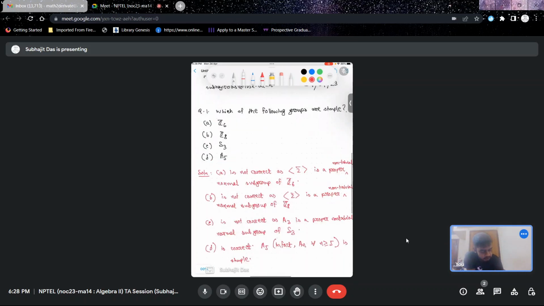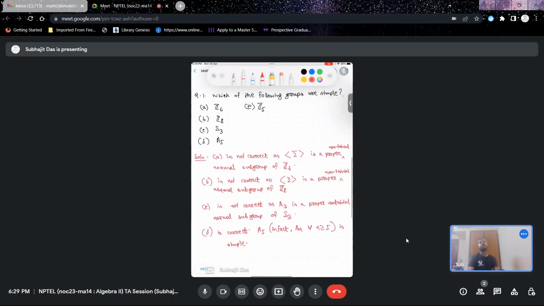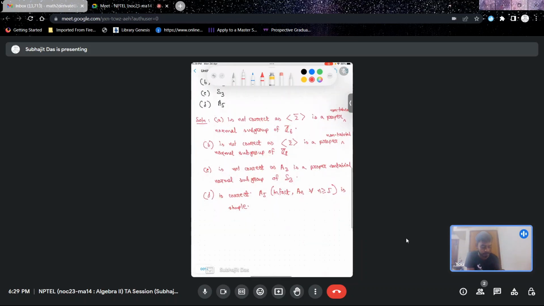Okay, so I missed an option here. Actually, option A was Z5, so I'll just include it as an extra. What about Z5? Is Z5 a simple group or not? Of course it is, because the order of the group is prime. So it cannot have any proper non-trivial subgroups, let alone normal subgroups.